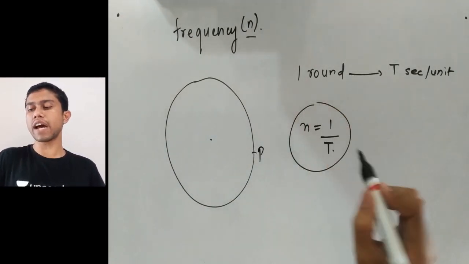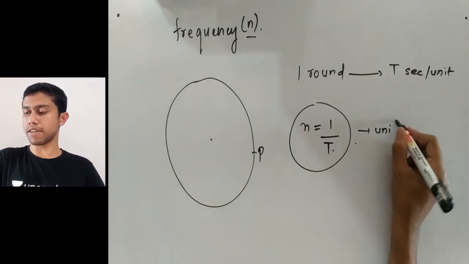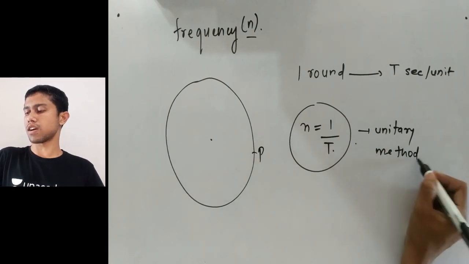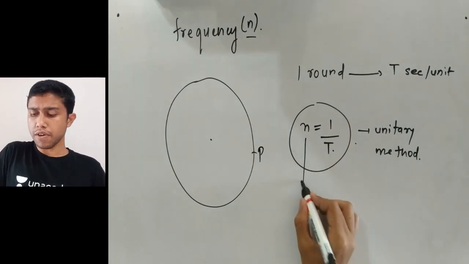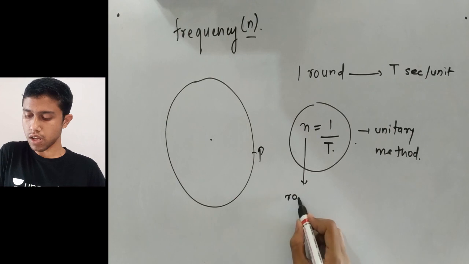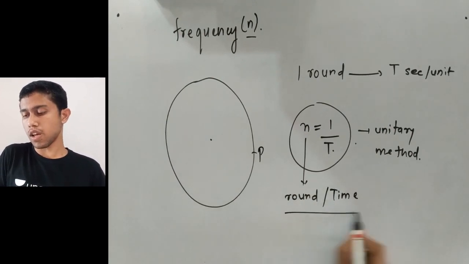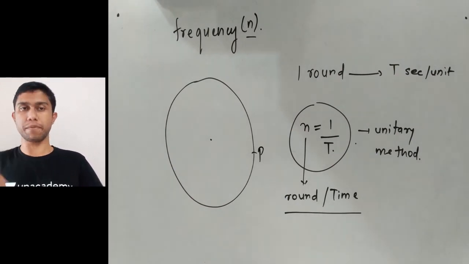So how did we arrive at this formula? It is by the simple unitary method which we learned in 10th and earlier grades. So what is frequency? Frequency is the round which is completed in a unit time.